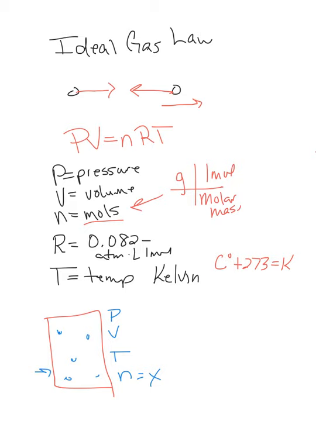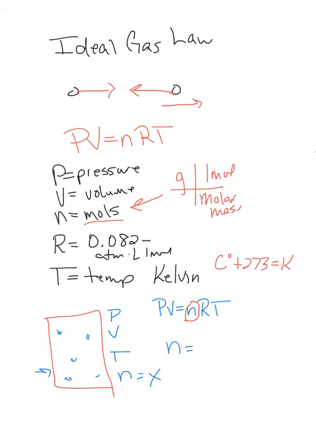How would we solve for n if I'm using PV equals nRT? I'm not going to give you real numbers right now, but if we were solving for n, how would you rearrange your formula?